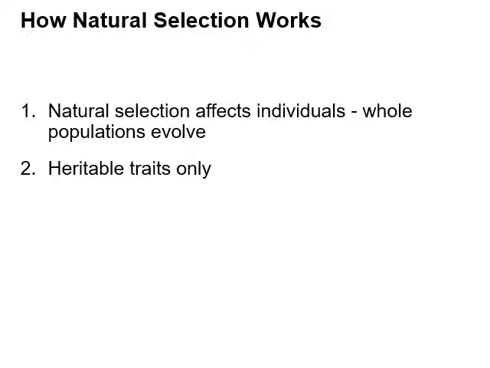It can only work on heritable traits, right? So something like political affiliation cannot evolve in a typical natural selection framework, right? Because it's not as if every person that is a Republican only has Republican kids.